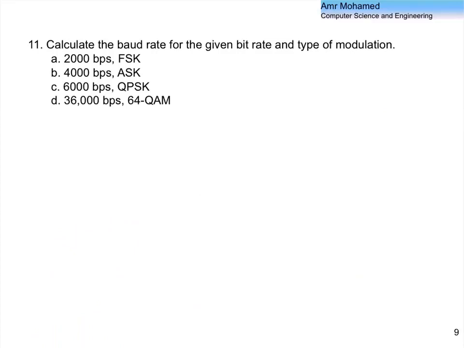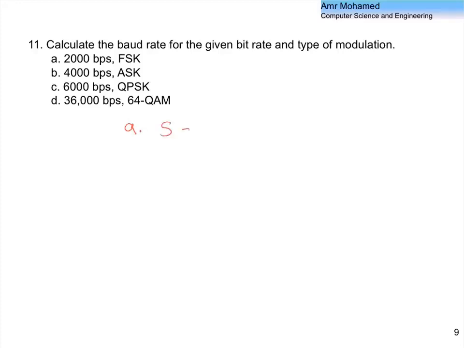All right, so calculate the baud rate or the signal rate given the bit rate and the type of modulation. For case A, FSK with a bit rate of 2000 bits per second.